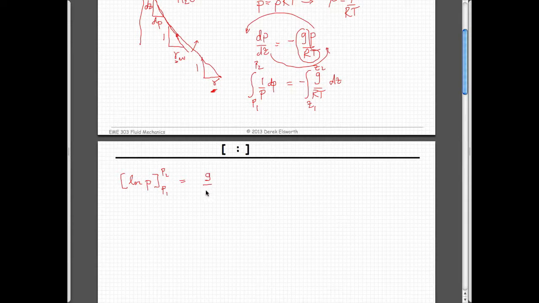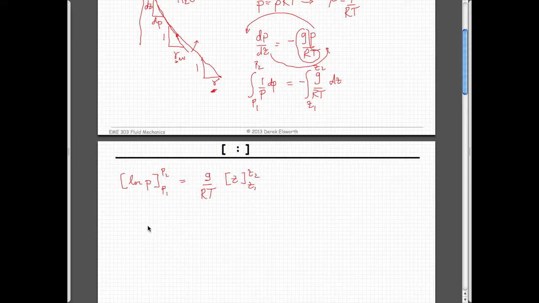We're on the same planet. G doesn't change very much as you go vertically. Gas constant certainly doesn't. Temperature could, so we're making an assumption there. And the integral of dz is just z between these limits, z1 and z2.